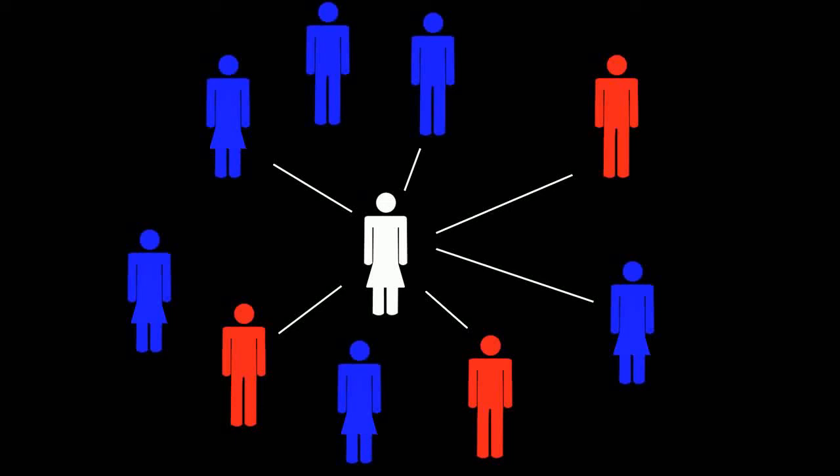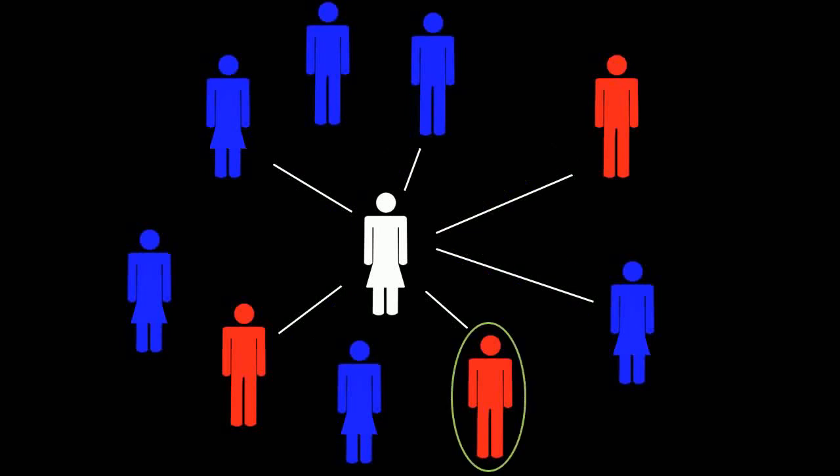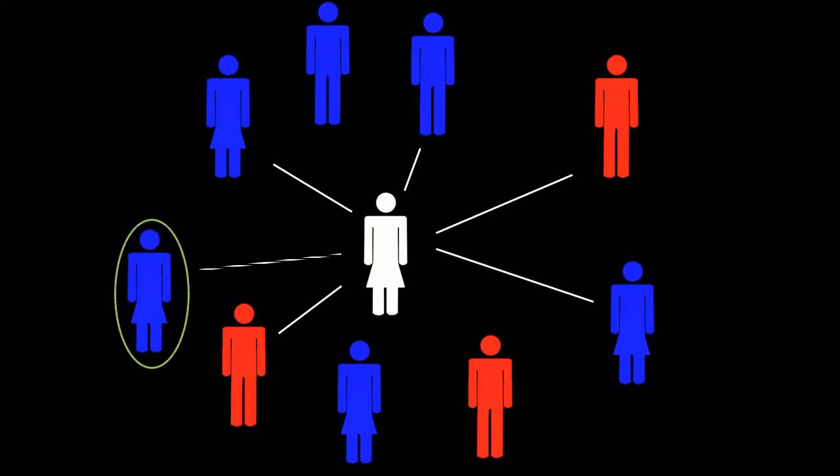In this situation, if cooperating means you help all the people that you're connected with, and you receive cooperation back from the cooperators that you're connected to, but not from the defectors, which means that mutual cooperation links are beneficial to you, whereas links with defectors are costly to you, then if you give people control over their networks, so you can decide, at least to some extent, who you interact with, you'll be inclined to break links with defectors, and you'll be inclined to make links with cooperators. And so in this domain, it can pay off in the long run to cooperate in order to gain social capital and attract people to want to interact with you.